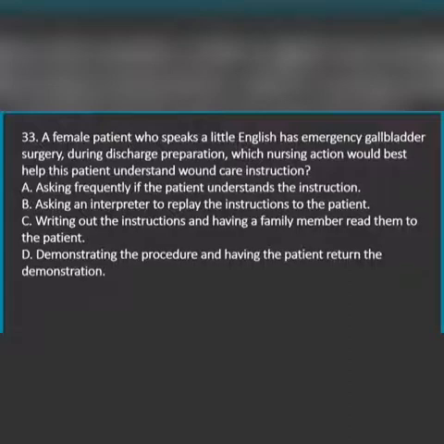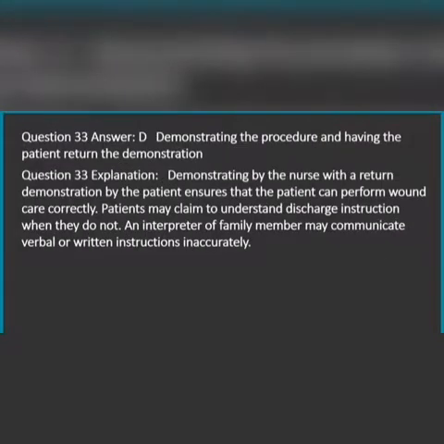A. Asking frequently if the patient understands the instruction. B. Asking an interpreter to replay the instructions to the patient. C. Writing out the instructions and having a family member read them to the patient. D. Demonstrating the procedure and having the patient return the demonstration. Question 33 Answer.